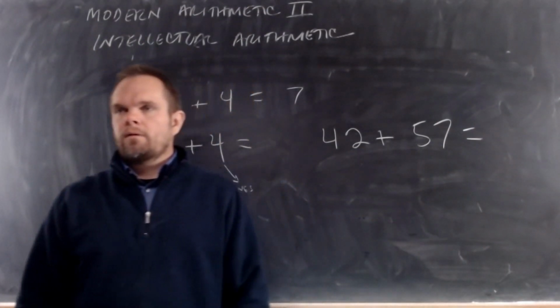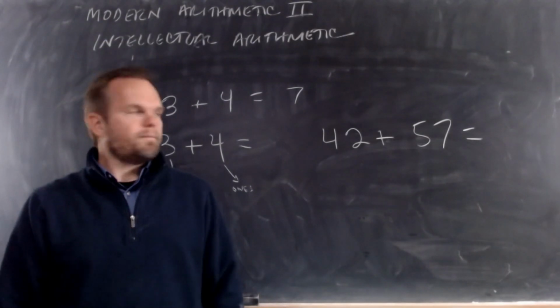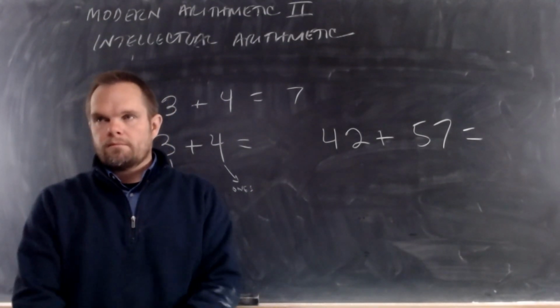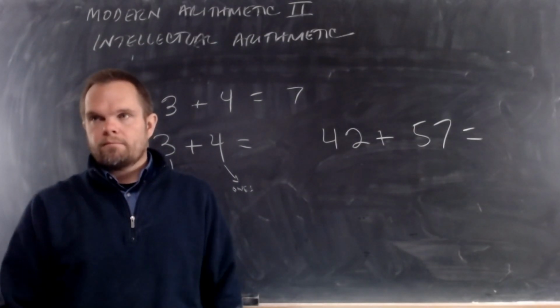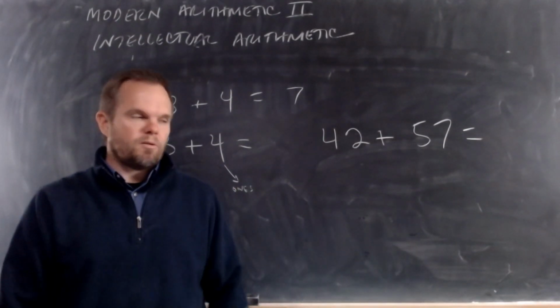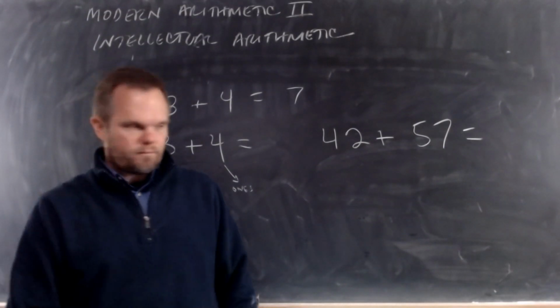There's 4 tens in 42, and there's 2 ones. Right. And there's 5 tens in 57, and there's 7 ones. Right. Okay, go ahead. Explain the solution. 4 tens and 5 tens are 9 tens. Okay, good.